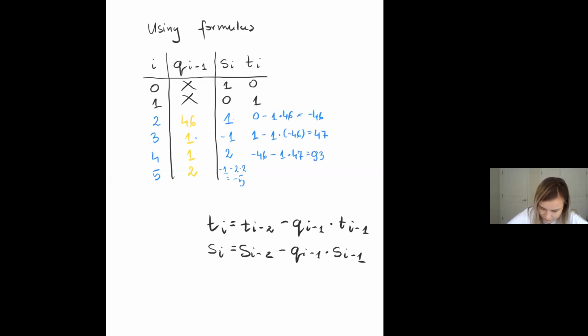And here we have 47, like 2 back, minus 2 times minus 93. Okay, and that will give us 233. So you see, this is the inverse.